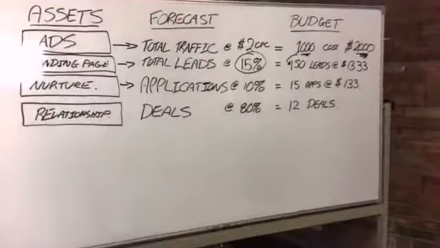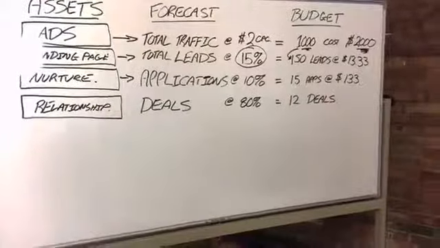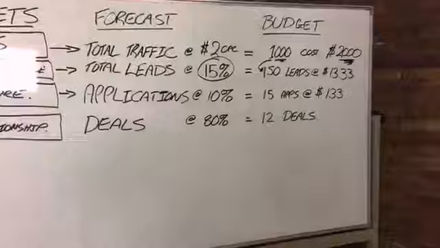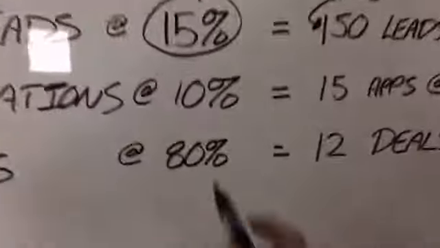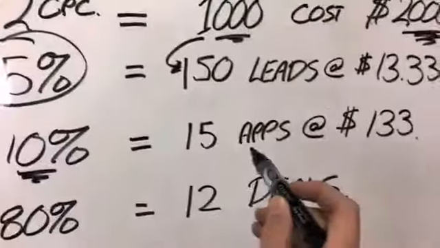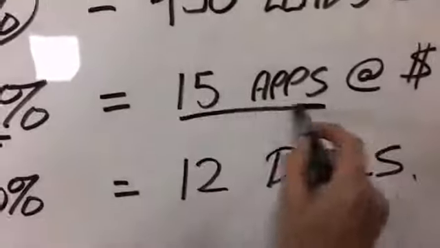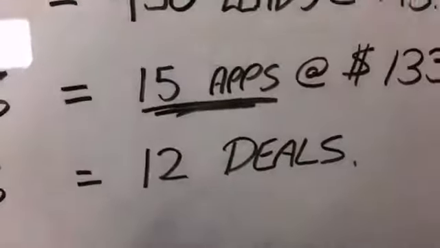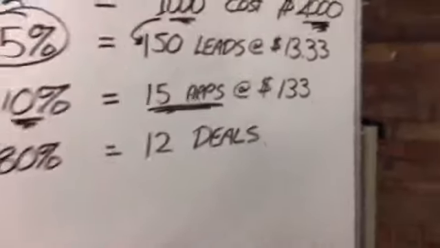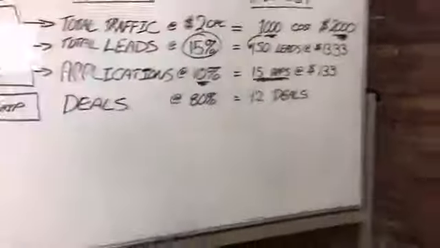So let's say for all of the leads that you generate, you're going to be able to take 10% of those people to an application, right? So 10% of these 150 leads are actually going to turn into applications, or a potential to win that deal. Well, that means for 15 apps, you're spending $133 per app in your business, right?